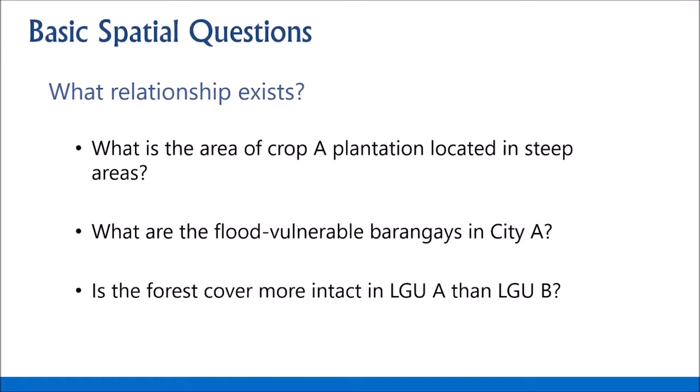Intact could be defined in terms of forest area or forest density. So forest area divided by the municipal area. Then we can intersect the forest cover and LGU data, then calculate the area or the density, then compare which is bigger.